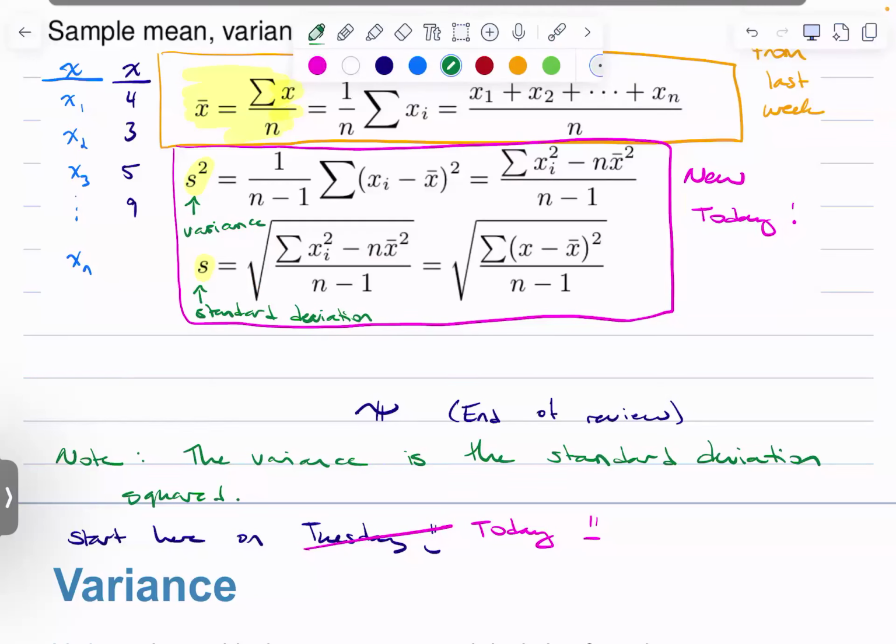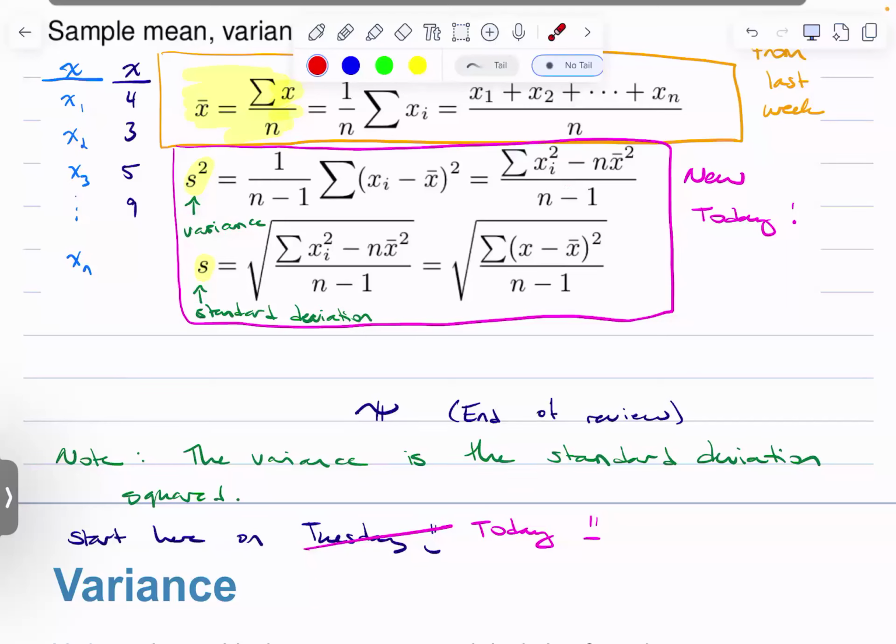So if you really dig deep, you'll see that those formulas, the standard deviation is just taking the square root of the formulas above. And so we'll start with this formula here.